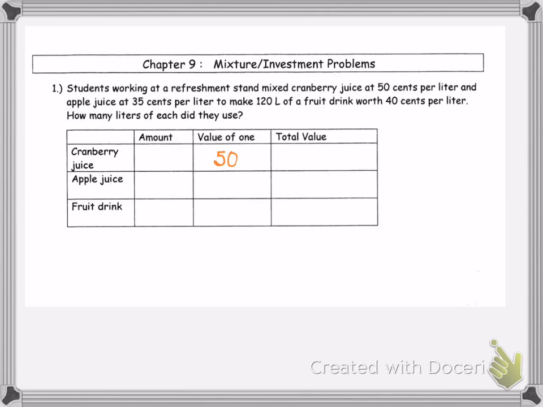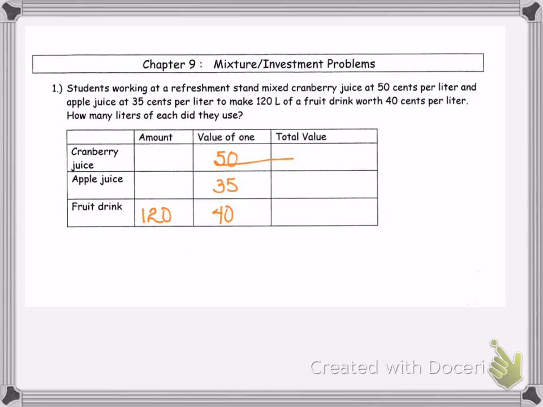And apple juice at 35 cents per liter. And they combine that to make a fruit drink that is worth 40 cents per liter, and we have 120 liters of it.